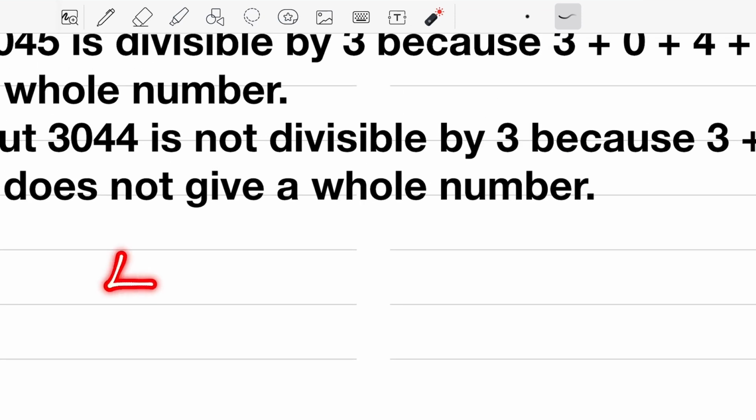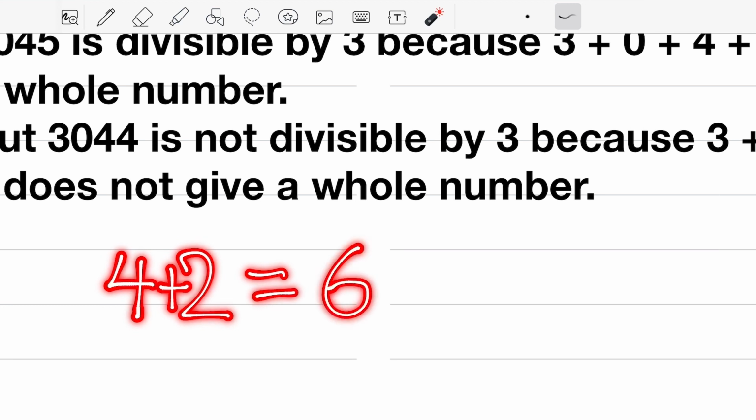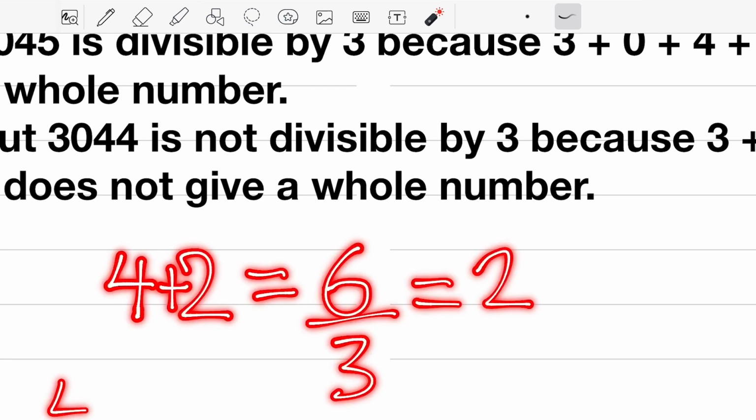If we had 42, how do we know if this is divisible by 3? Well, we can simply add 4 plus 2, which we know is 6, and we know that 6 is divisible by 3 because 6 divided by 3 is equal to 2. So then 42 is divisible by 3.